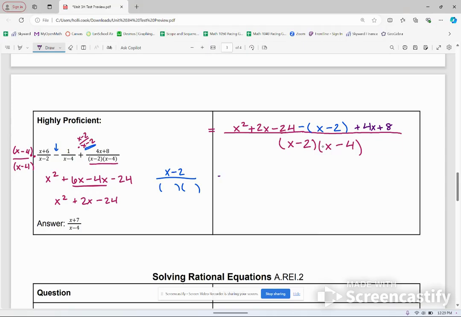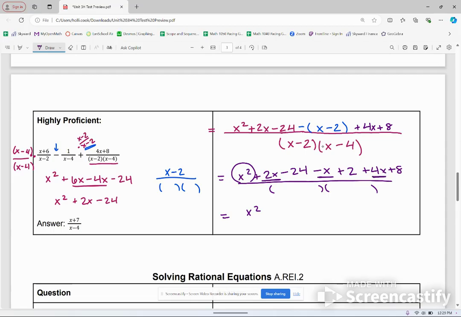Then we just need to combine. Let's rewrite this with the negative in there: x squared plus 2x minus 24 minus x plus 2 plus 4x plus 8. Then we have our parentheses. X squared doesn't have anything we can combine with. Let's check 2x minus x plus 4x.